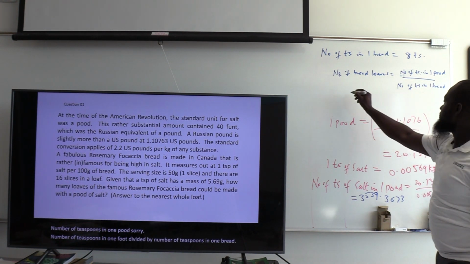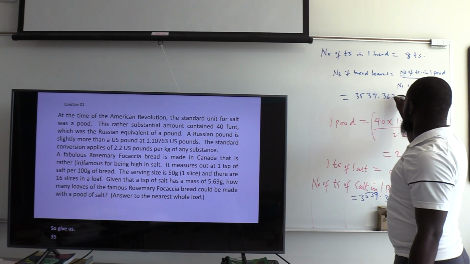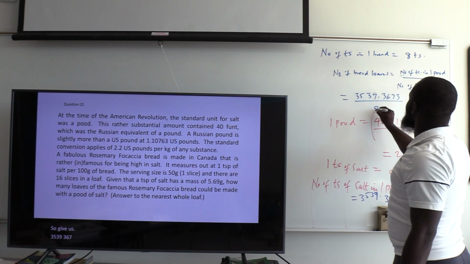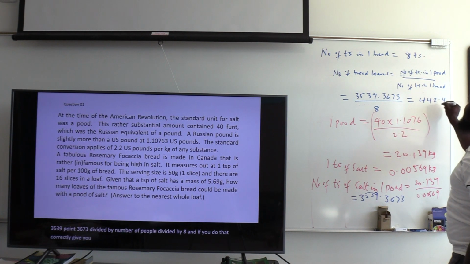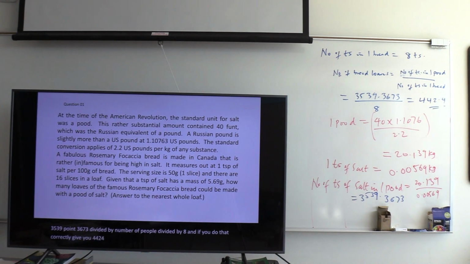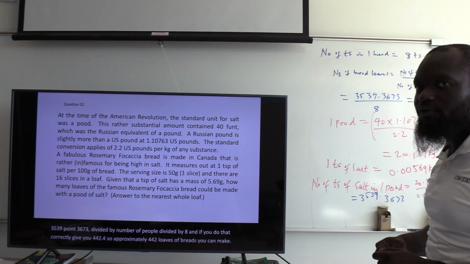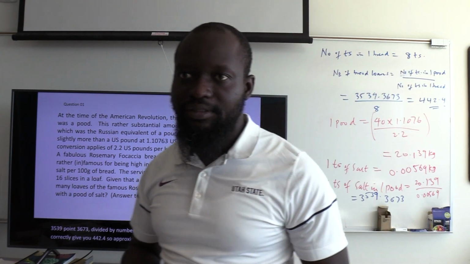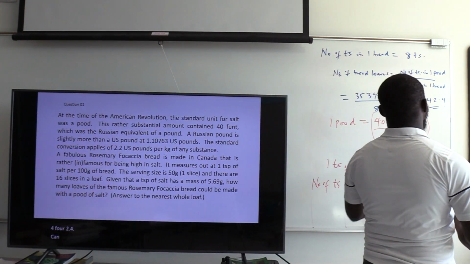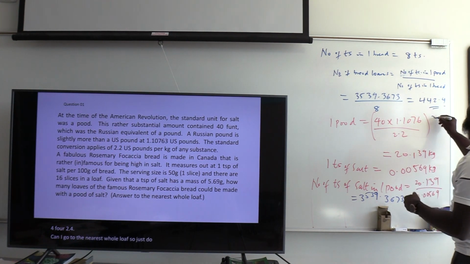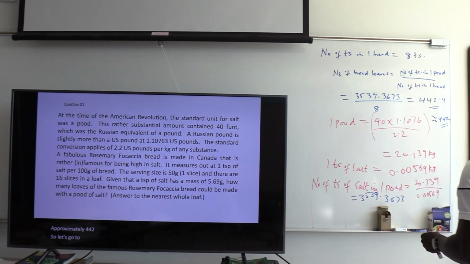So that will give us 3539.3673 divided by 8. If you do that correctly, it gives you 442.4. So approximately 442 loaves of bread you can make from that. 442.4 becomes the correct answer. Let's go to the nearest whole loaf, so I'll just do 442. So let's go to the next problem, the vector problem, really quick.